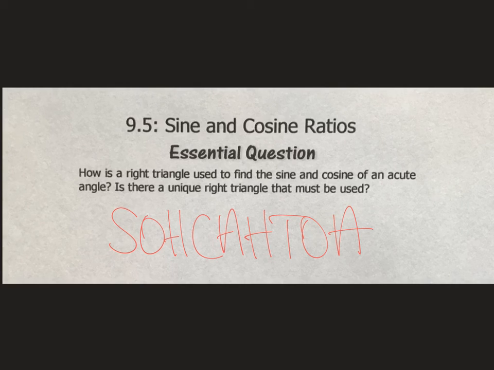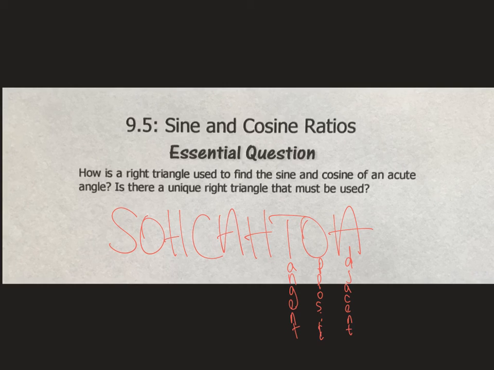We did TOA in 9.4, which was our tangent, and it was our opposite side over our adjacent side. And today we're going to look at sine and cosine.